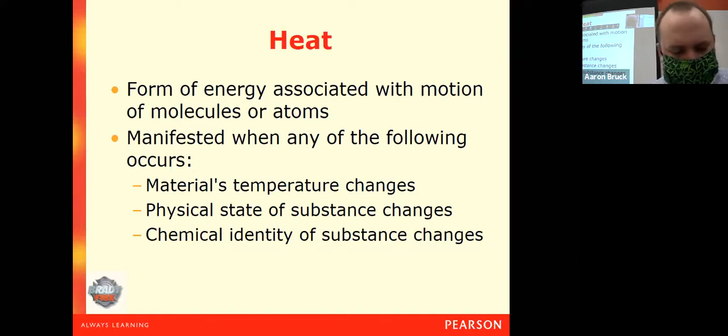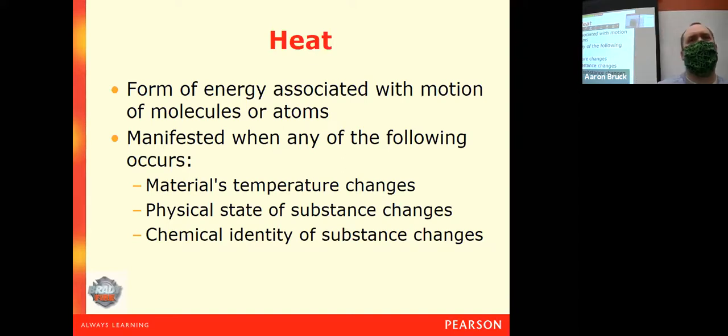Now, 2 out of these 3 are physical changes. And we're pretty familiar with those two as well.